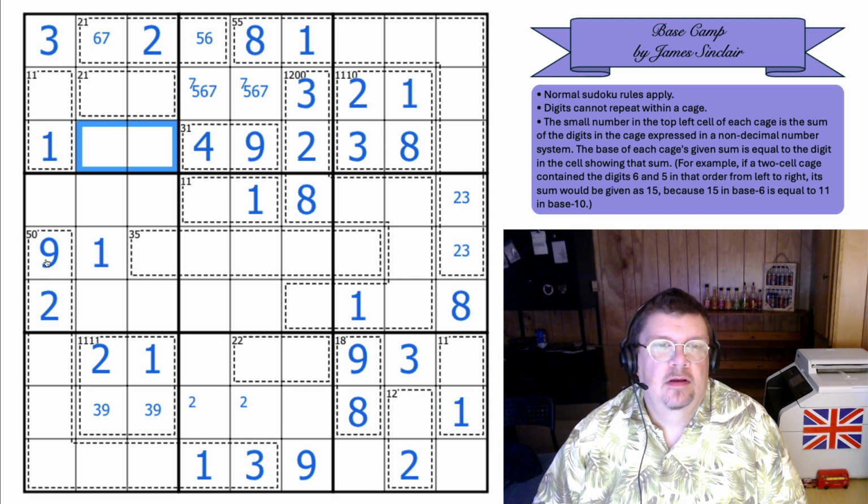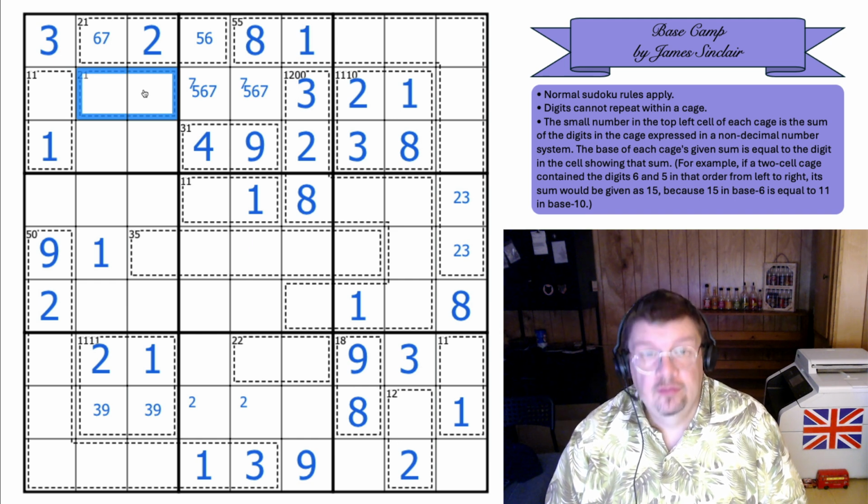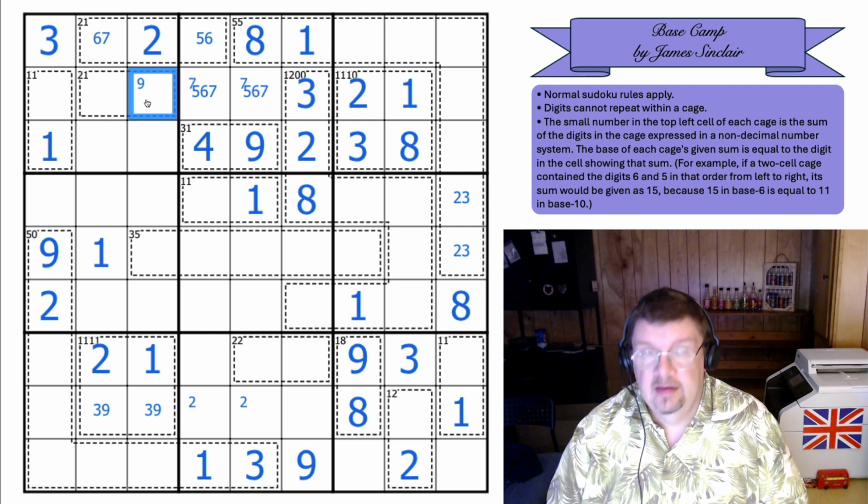Where does 9 go in this box? And it goes just by Sudoku into one of those two. But if it were in this cell, it would be 9 times 2 is 18, which is more than the 17 maximum. So that is not a 9. That is.